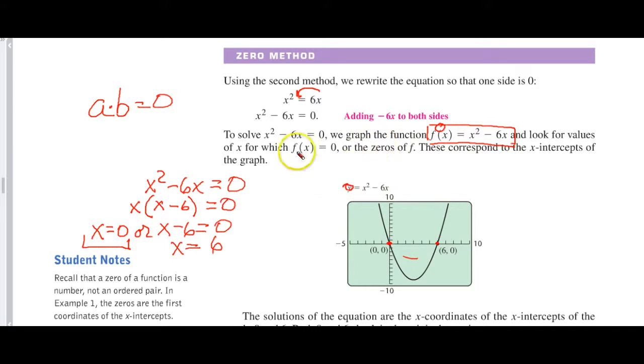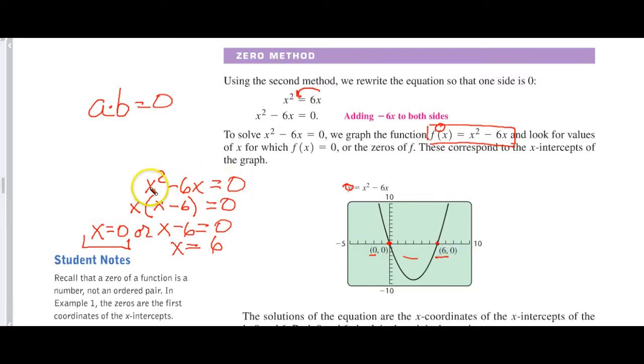So again, this is the zero method, finding the zeros. When y is 0 and you were to graph it, what would be your x values? Well, x would be 0, x would be 6.